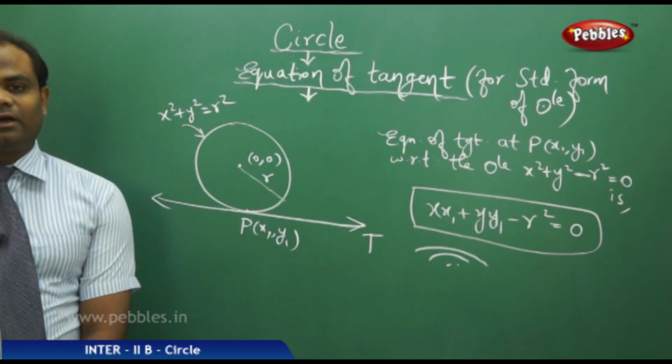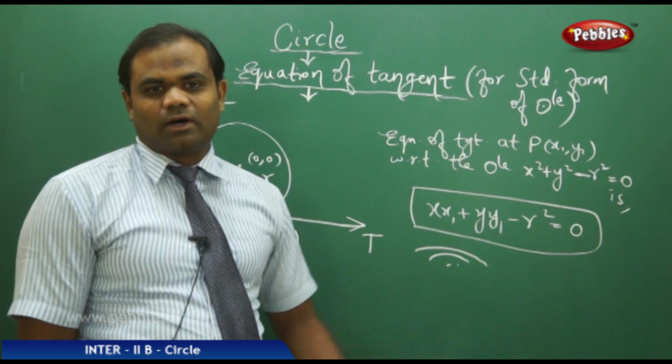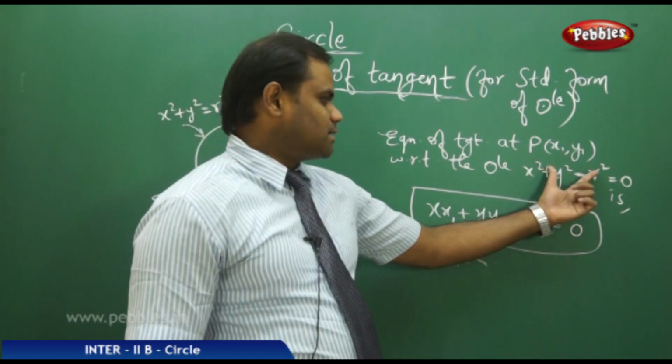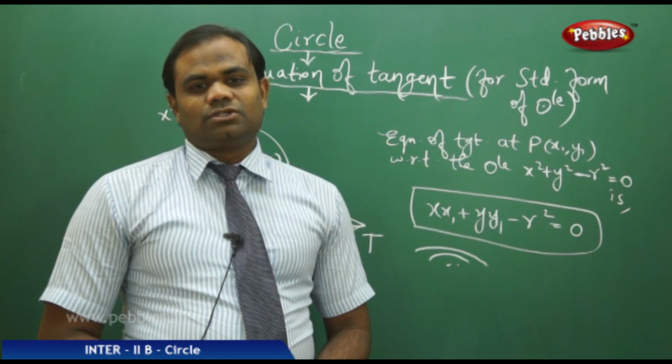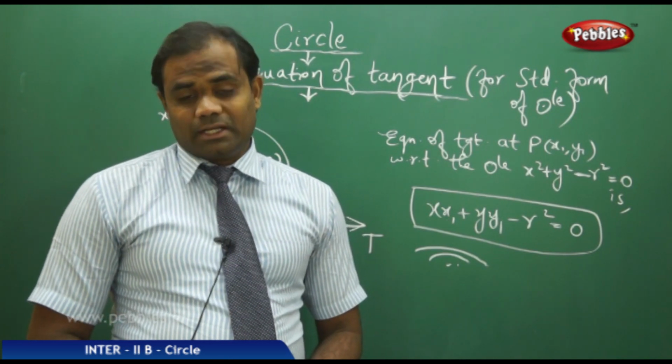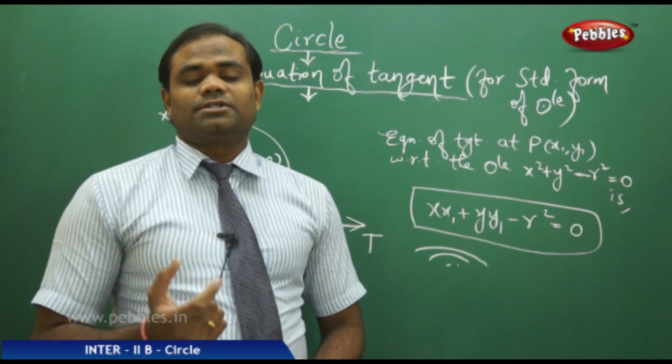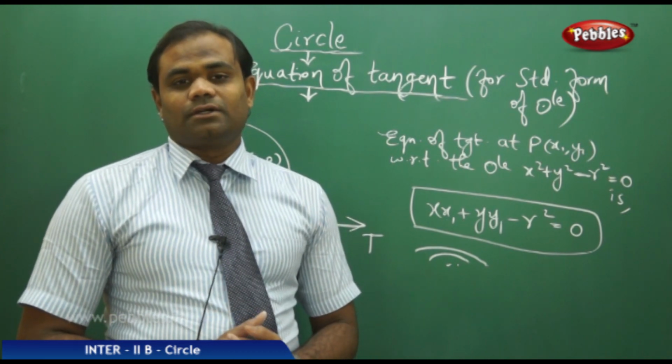Now this is again derived from S1, because if I assume this to be S, it's again the S1 which we have identified. So S1 equal to 0 is the base of understanding the equation of tangent for the circle S equal to 0.